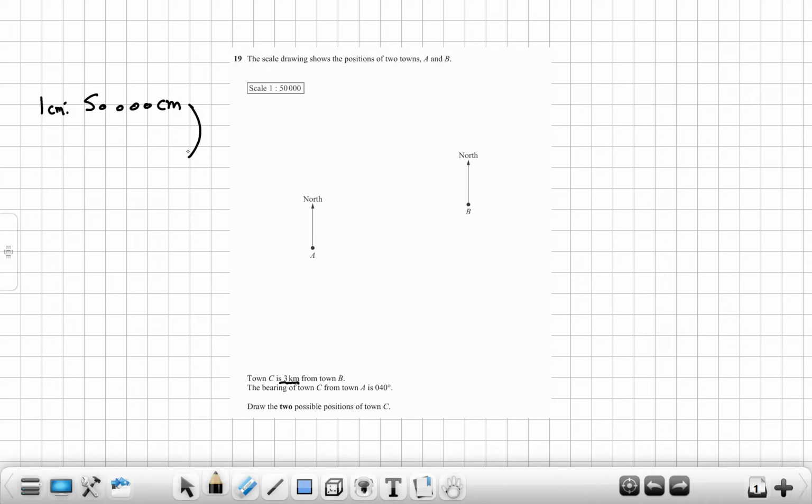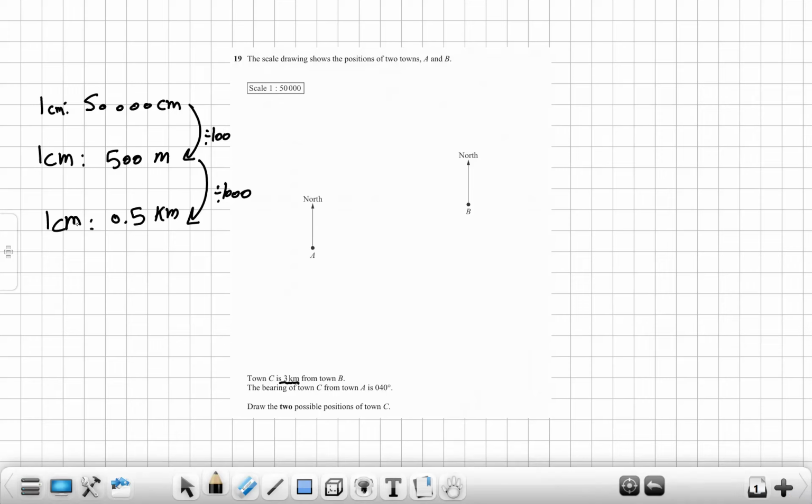So 1 centimeter is what? You're going to find it is 500 meters. Yes, mister. But again, they want it in kilometers. So you can divide by 1,000 now to make it into kilometers. So you're going to find that it is 0.5 kilometers.